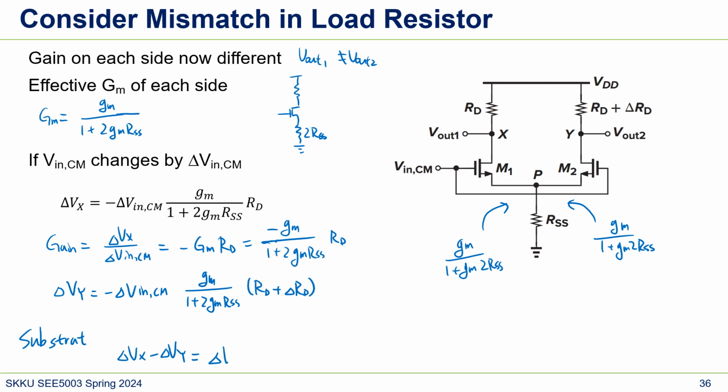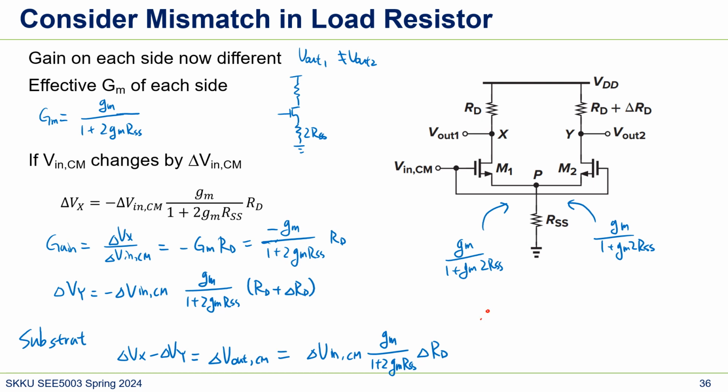This is delta V out CM, right? And this would be delta V in CM, GM over 1 plus 2 GM RSS, times delta RD.